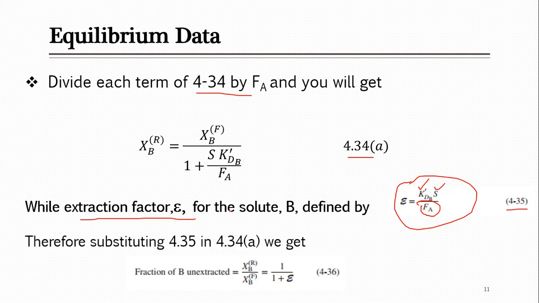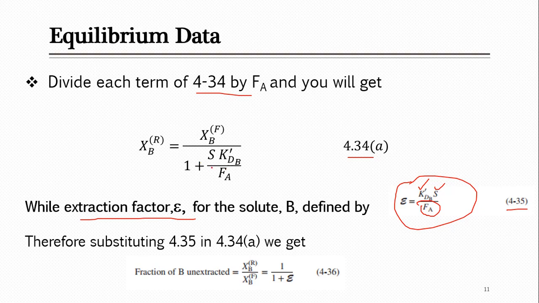If I put it there and rearrange this equation, what you will get is 1 plus epsilon. So overall this represents epsilon, the extraction factor. So you will get XBR is equal to XBF over 1 plus epsilon.